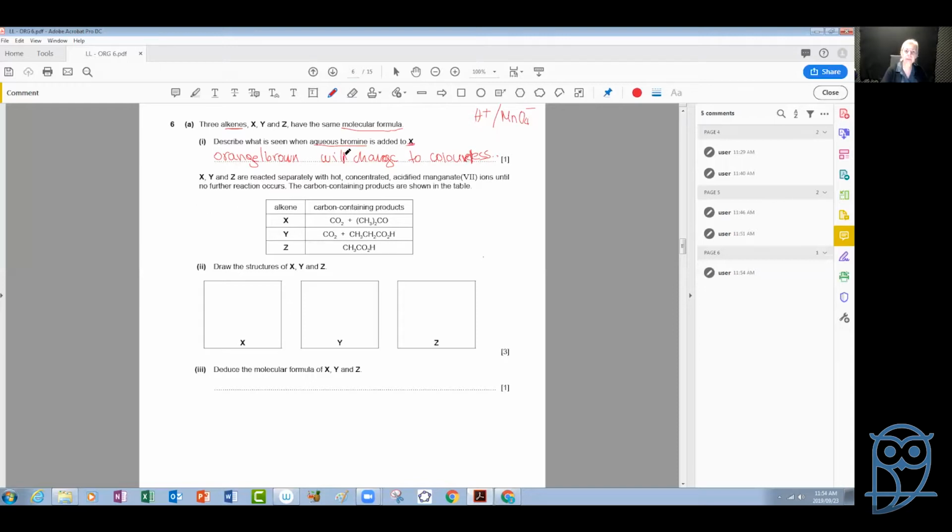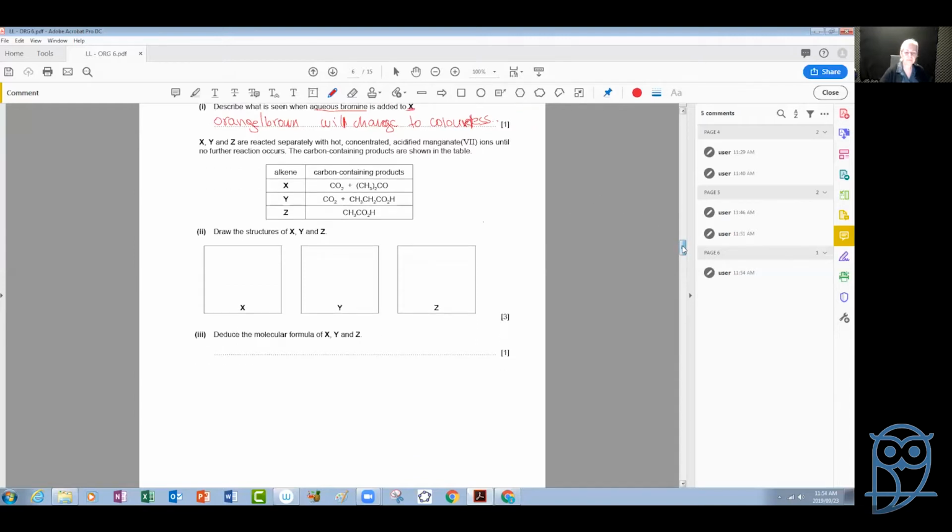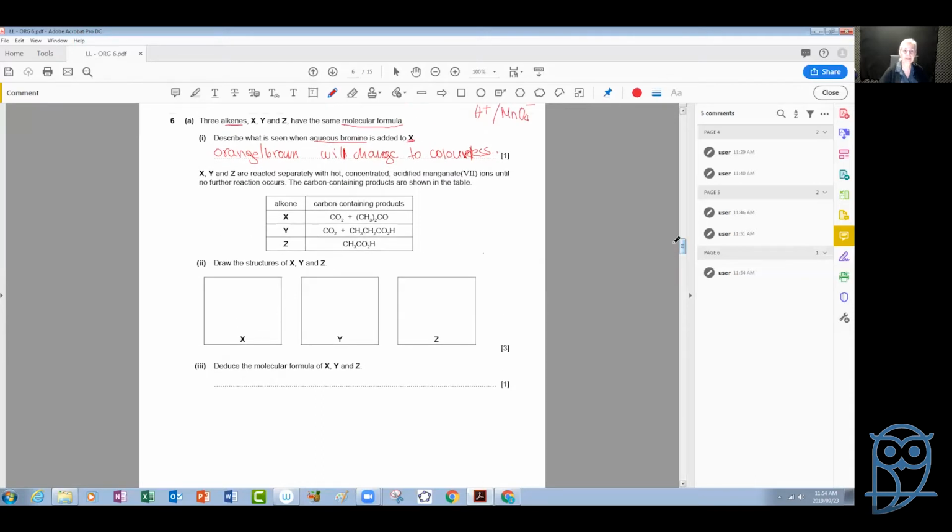Okay, so this is what will happen. It will change color because the bromine will be added to the alkene. All right, so next, what is it saying?